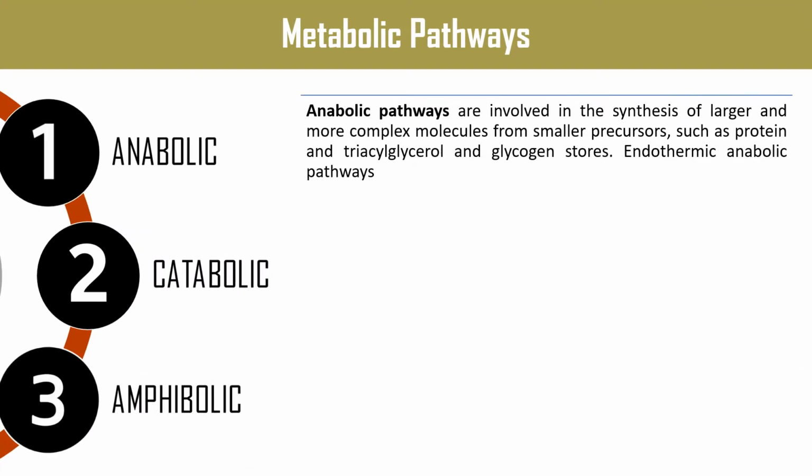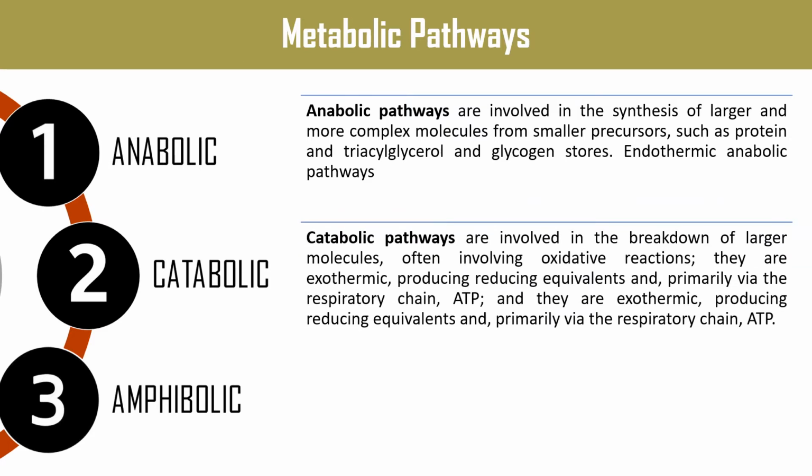Anabolic pathways are involved in the synthesis of larger and more complex molecules from smaller precursors, such as protein, triacylglycerols, and glycogen stores. They are endothermic. Catabolic pathways are involved in the breakdown of larger molecules, often involving oxidation reactions.